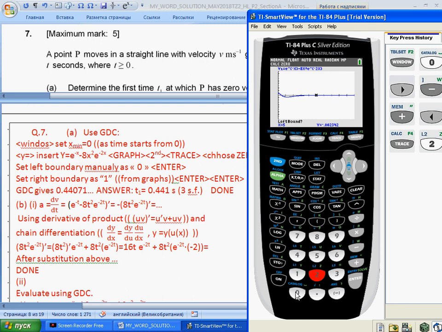You see it starts inserting. Enter. And the right boundary, for example, somewhere it is less than 1, so I put 1. Enter. And again I put a guess, and finally this is the answer.